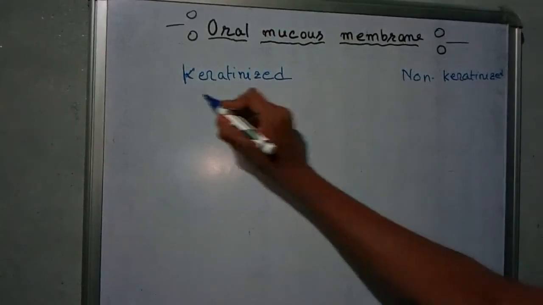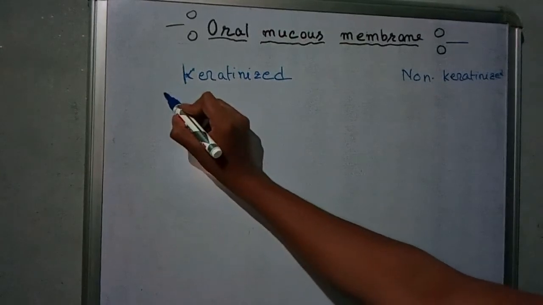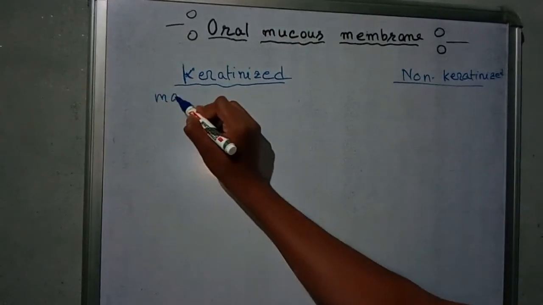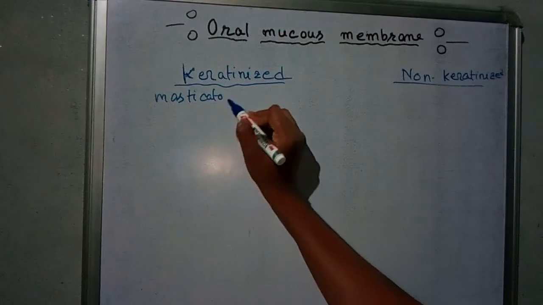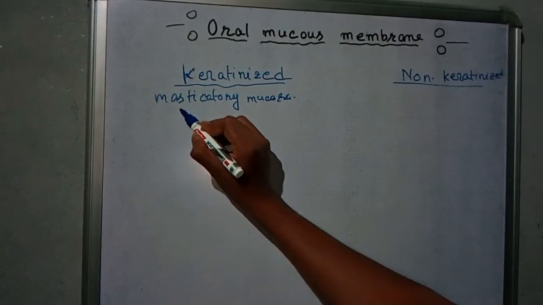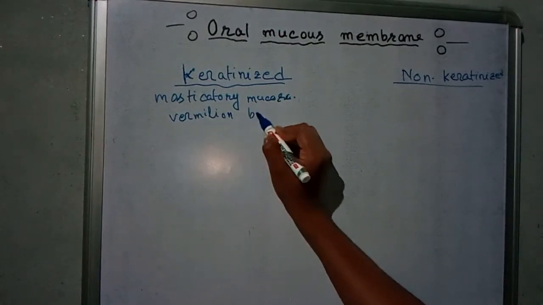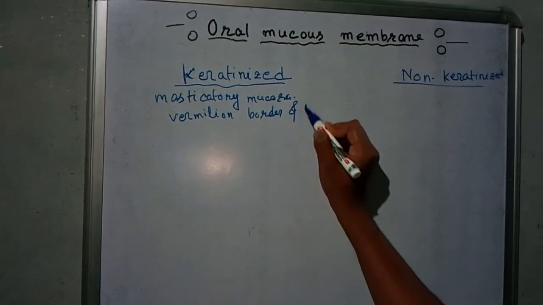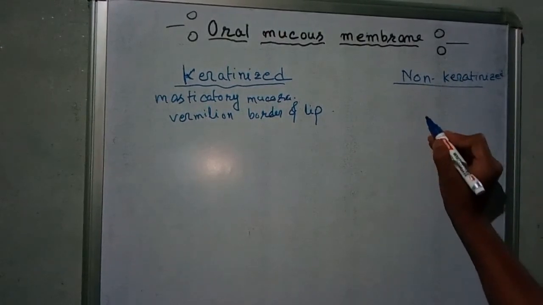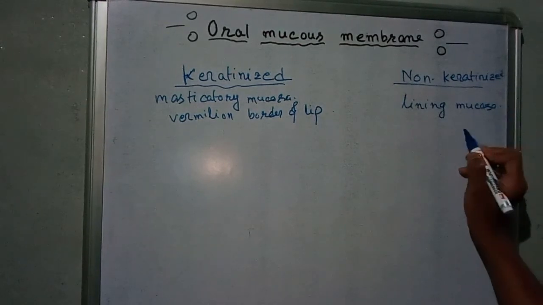Keratinized involves the masticatory mucosa and the vermilion border of the lip. Non-keratinized involves the lining mucosa and specialized mucosa.